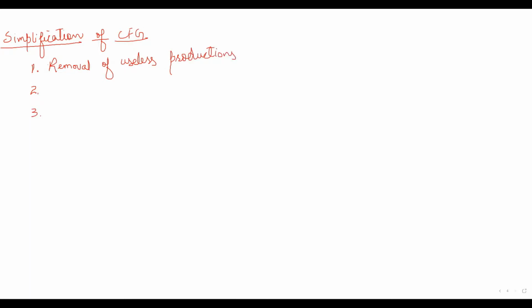And for removing useless productions, we have to understand what are useless productions. So for understanding this, first we find out useless symbols. So what are useless symbols? Those are of two types. One is non-generating symbol, that is a useless symbol, and another is non-reachable, that is also a useless symbol.